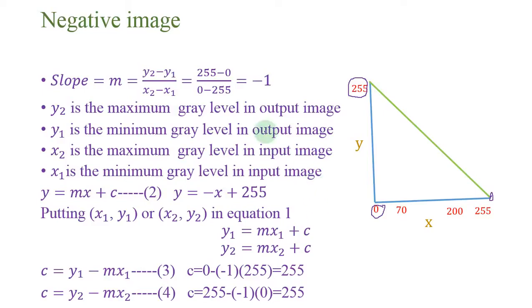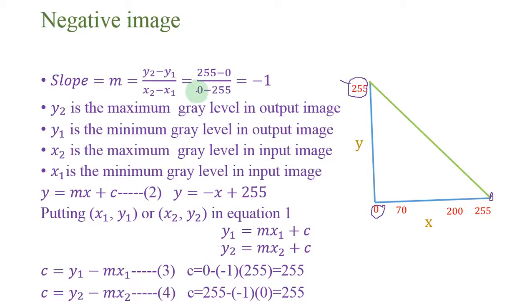So we will calculate the slope using this equation. 255 is the value of y2, minus y1, this is 0, divided by x2. x2 is 0 in this case because 255 is mapped to 0.